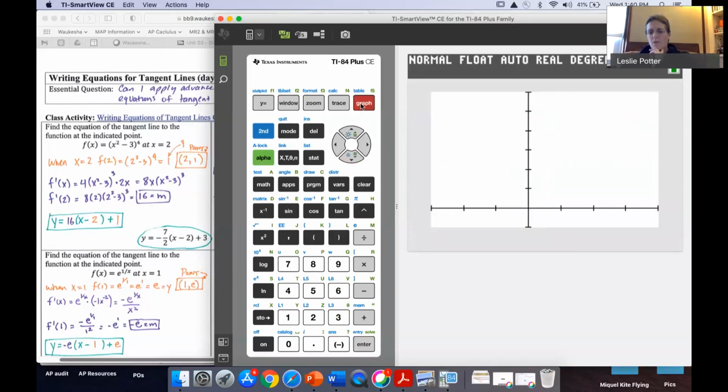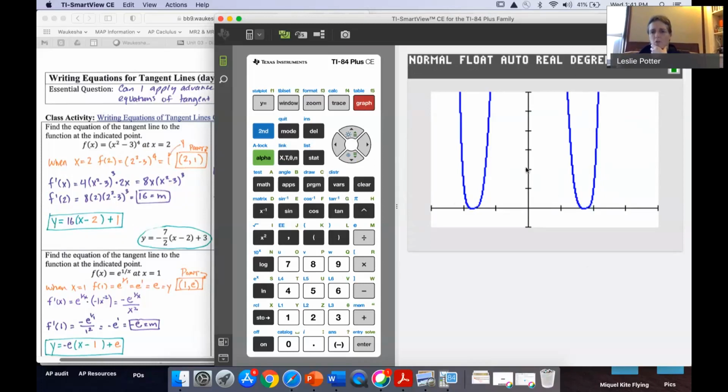Let's graph it now to get a little better idea. Okay, there we go. So this is (2, 1), the tangency right here. The slope of 16 is super steep, right?